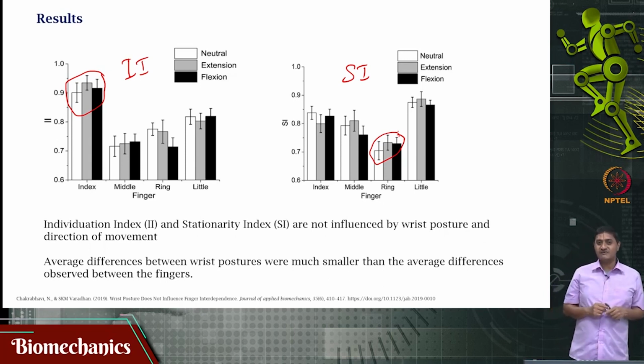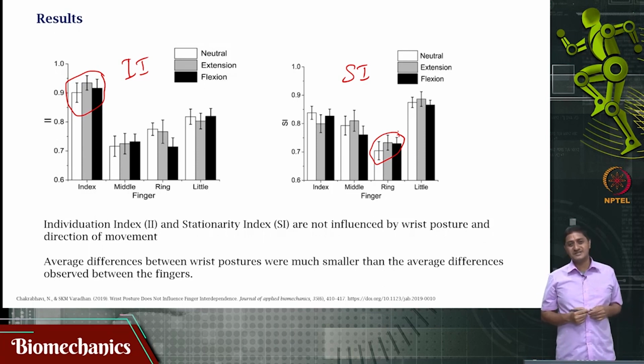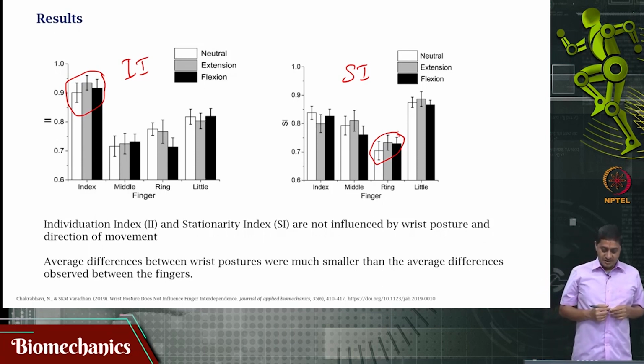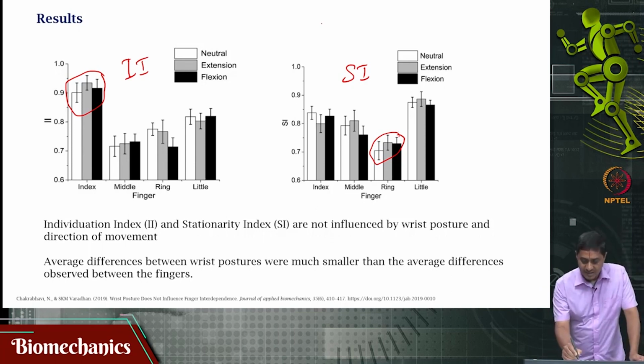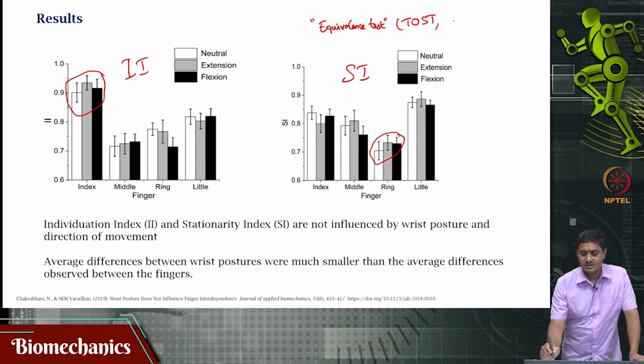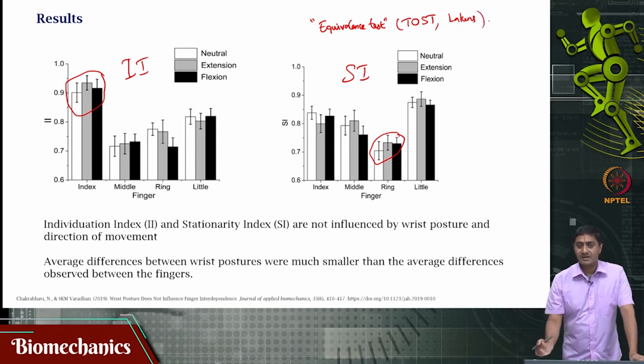So, this is what we used as the smallest effect size of interest, and we performed what is called the equivalence test, or the two one-sided test approach, as was proposed and suggested by Daniel Lakens. Okay.